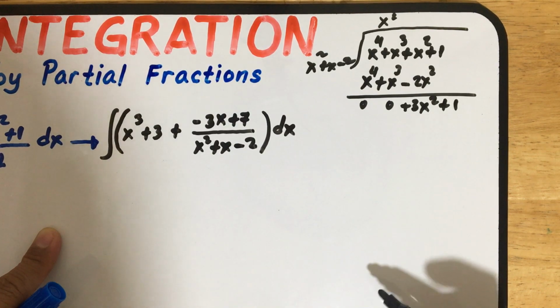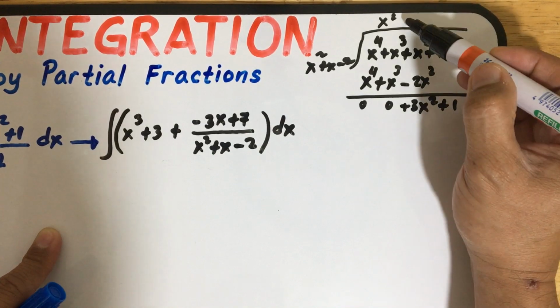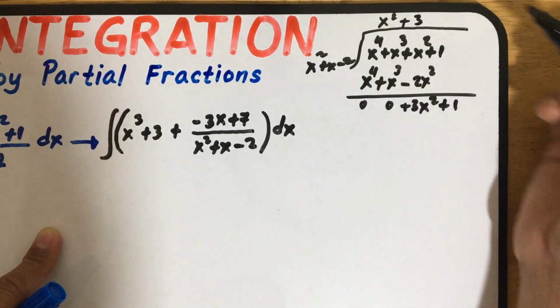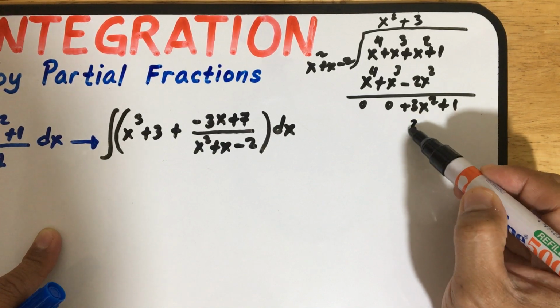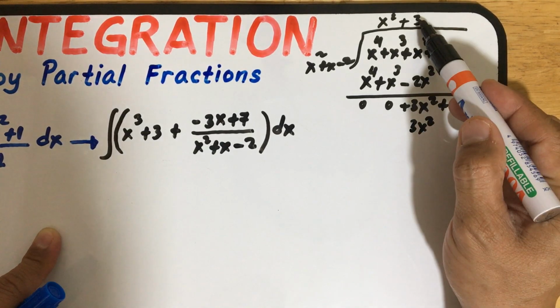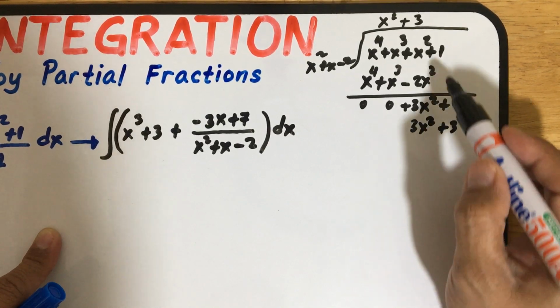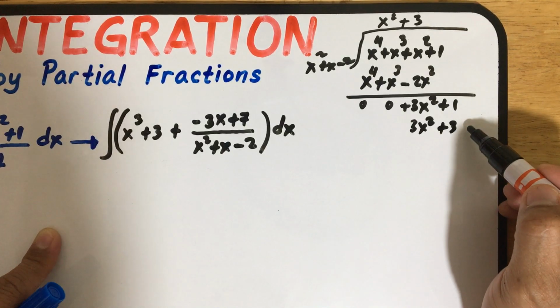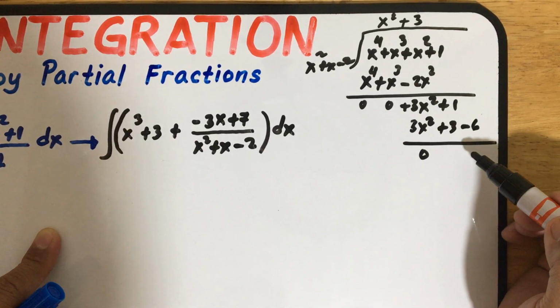Okay, and this divided by this one, so we have plus 3. So 3 times x squared, so we have 3x squared, then 3 times x, so that would be plus 3x, and 3 times negative 2, so minus 6.